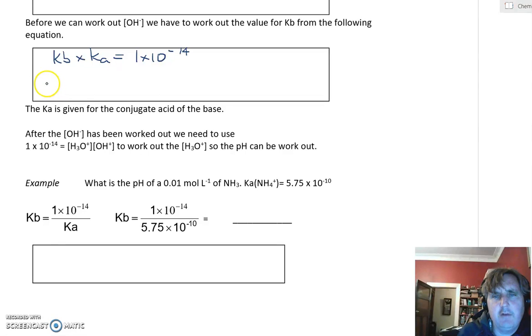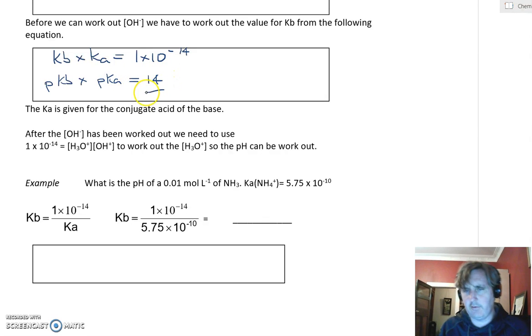And also the negative logs of them, pKb plus pKa, equals 14. This is an interesting relationship, because we'll use it to simplify things later.